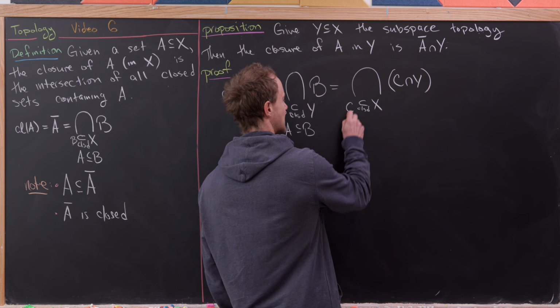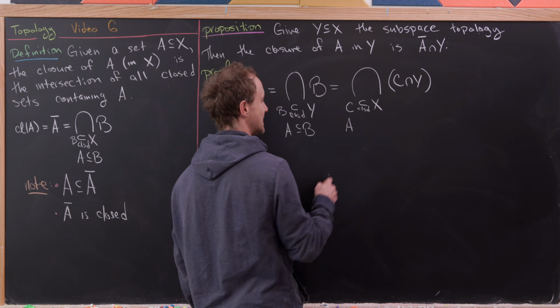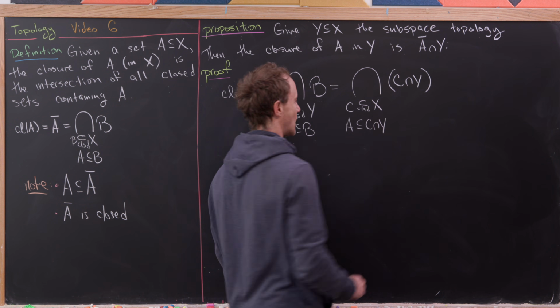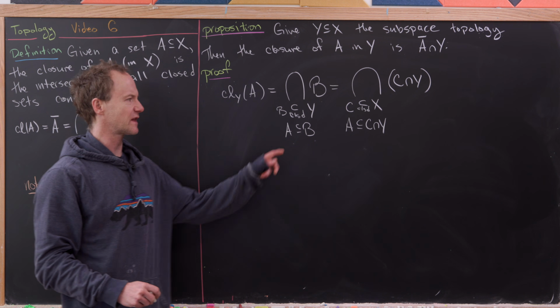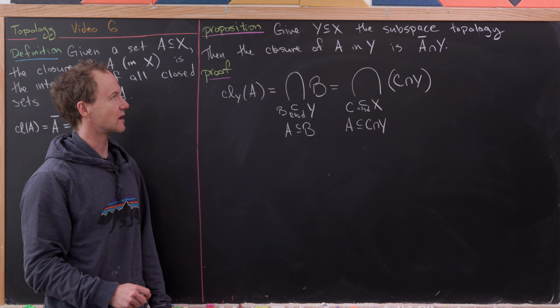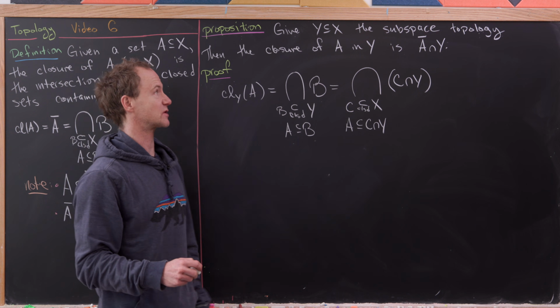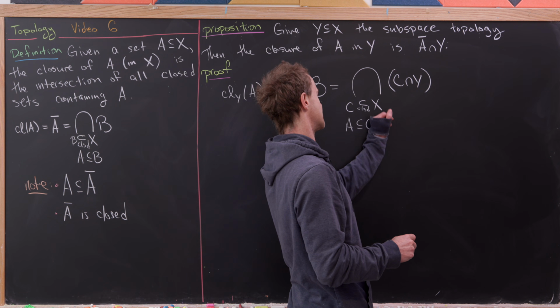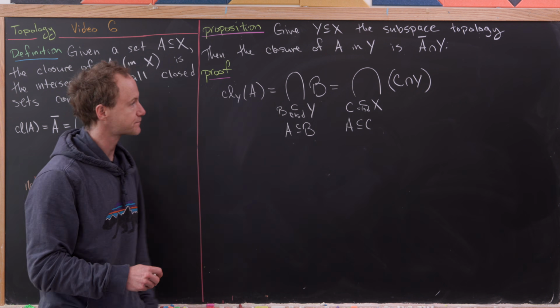Then observe here we have B containing A, but notice that we're replacing B with C intersect Y, so we've got A is a subset of C intersect Y. But now let's observe that we don't really need the C intersect Y here, because we're assuming that A is a subset of Y, given that we're talking about the closure of A in Y. Since A is a subset of Y, we can get rid of that intersect Y there.